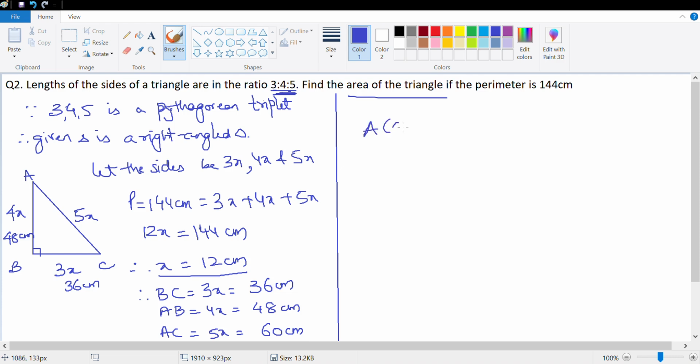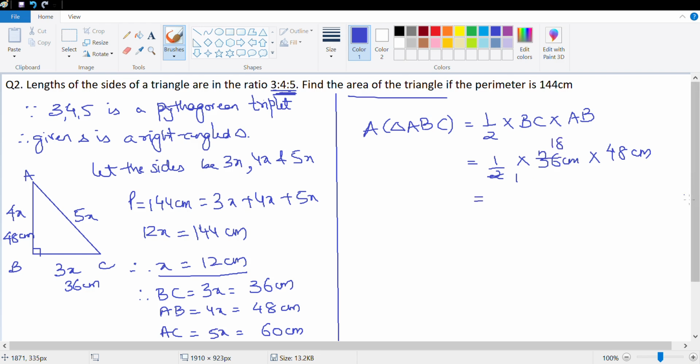So area of triangle ABC is equal to half into base, in this case BC, into height, in this case AB. So half into BC is 36 centimeter and AB is 48 centimeter. So that's 18 into 48.